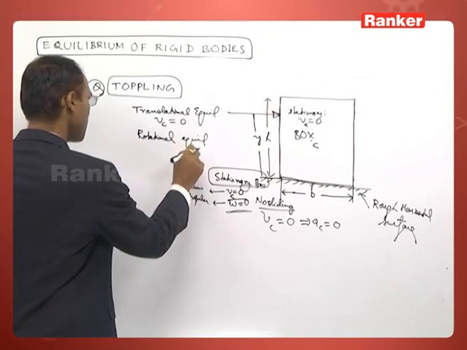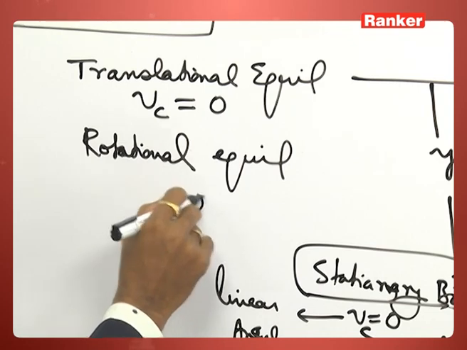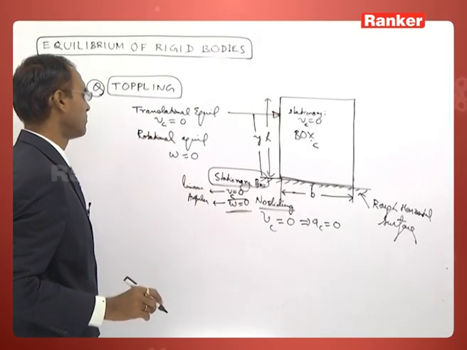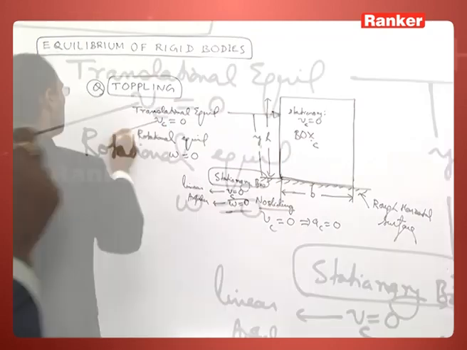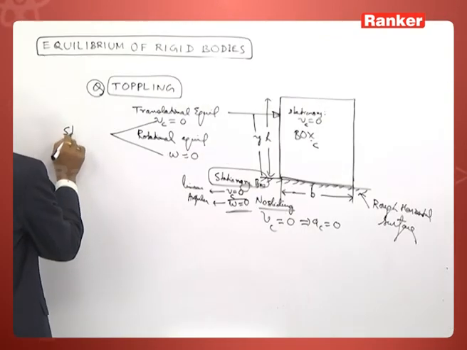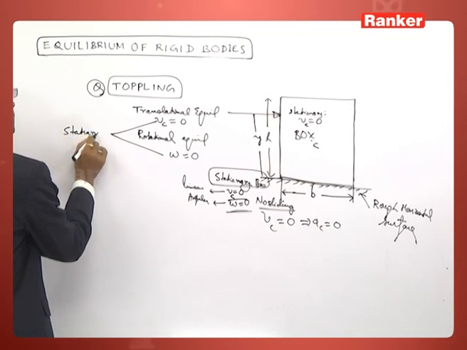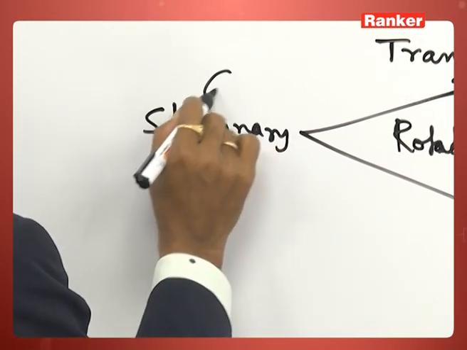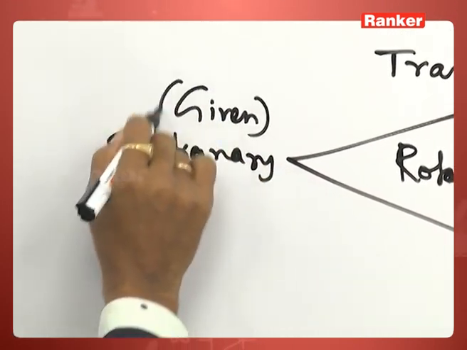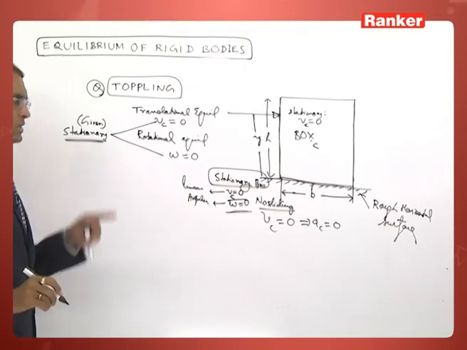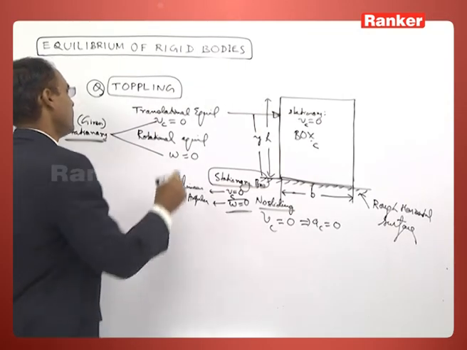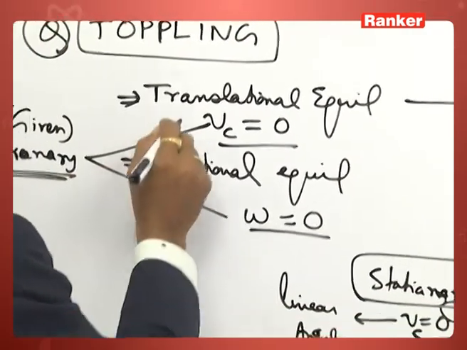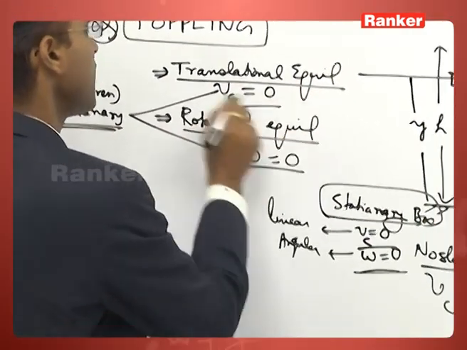It is rotational equilibrium because there is no angular motion, omega is 0, because the box is stationary. It is given. From this you have to start. Since the box is stationary, v is 0, omega is 0, therefore it possesses both types of equilibrium, rotational and translational.